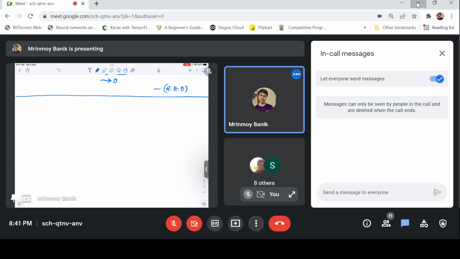So this was sine x, integral of sine x is minus cos x. This is 0 to pi by 2. And cos pi by 2 is 0 and sin 0 is 0. So this is 0.